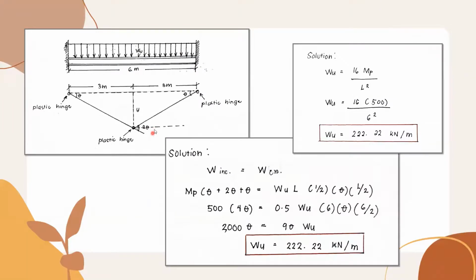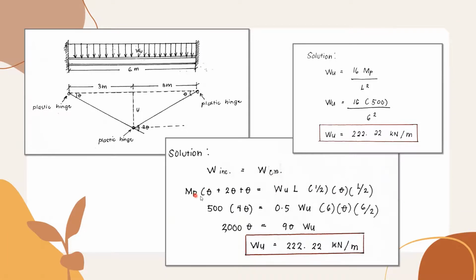So, may figure po tayo dito para mas madaling ma-identify. Ito lang rin po yung inanalyze natin kanina. May given na length lang po tayo na 6 meter at plastic moment na 500 kilonewton meter. So, gagamitin lang po natin dito yung virtual work method. So, internal work is equals to external work.